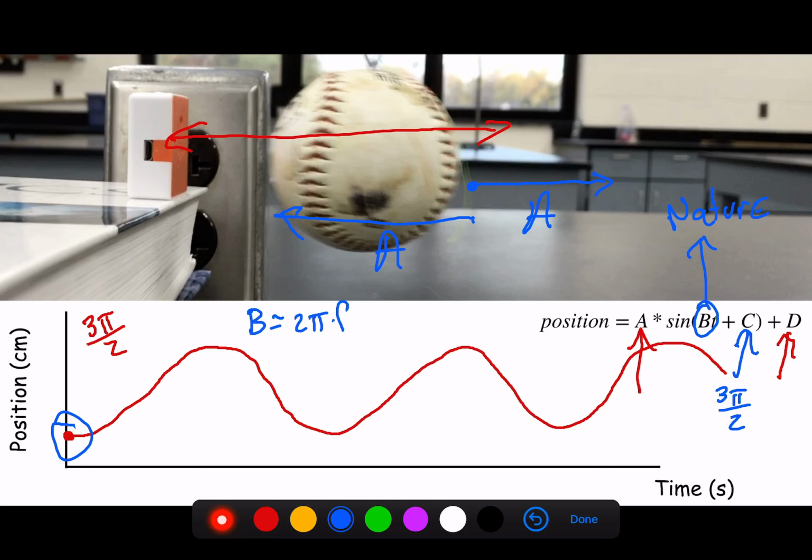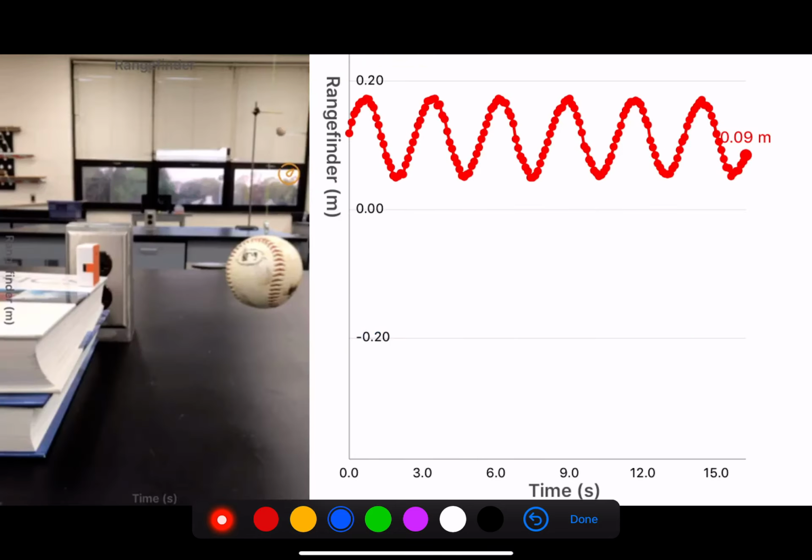We learned that B can be found by doing 2 pi times the frequency or 2 pi divided by the period. So we just have to figure out, how do you figure out the period or the frequency of a pendulum? Again, we don't control that, nature does.